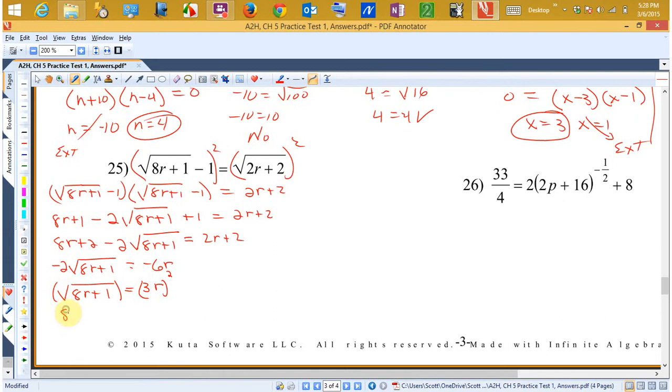And I have 8r plus 1 is equal to, now the 3 gets squared, so that's 9, and I get r squared. So the next step would be to set everything on this side equal to 0 and move everything over. So I've got 0 is equal to 9r squared minus 8r plus 1.